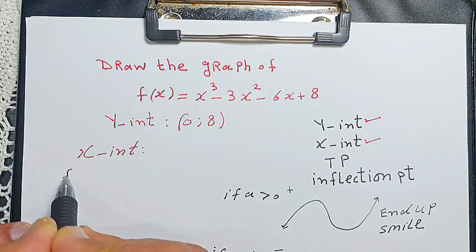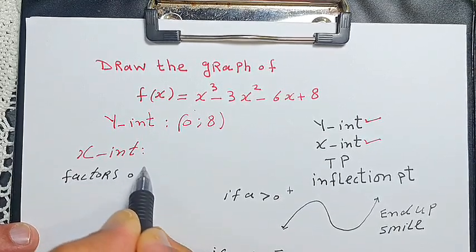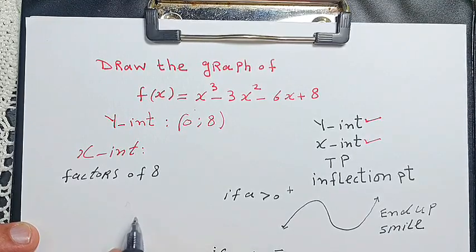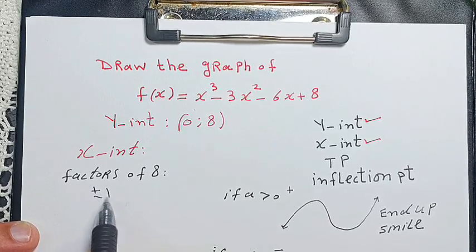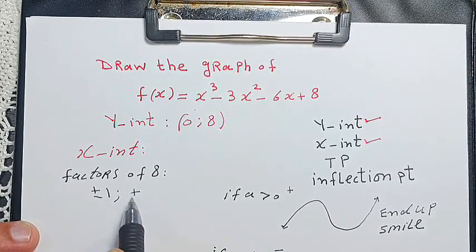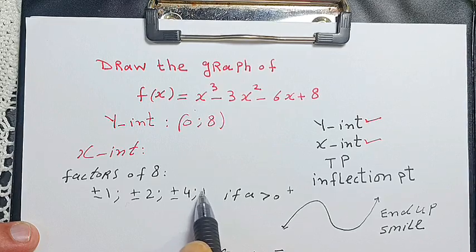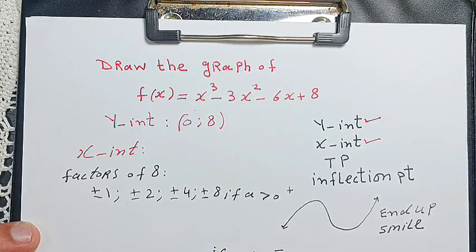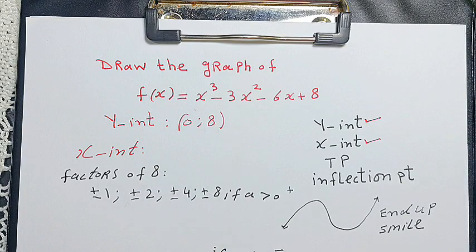So the factors of 8, that's going to be positive and negative 1, positive and negative 2, positive and negative 4, and positive and negative 8. Now we need to substitute one by one into this f of x, whichever gives me result 0, and that will be my factor. The remainder must be 0.